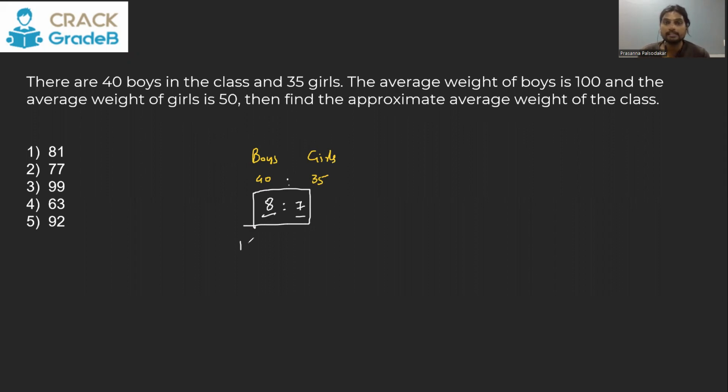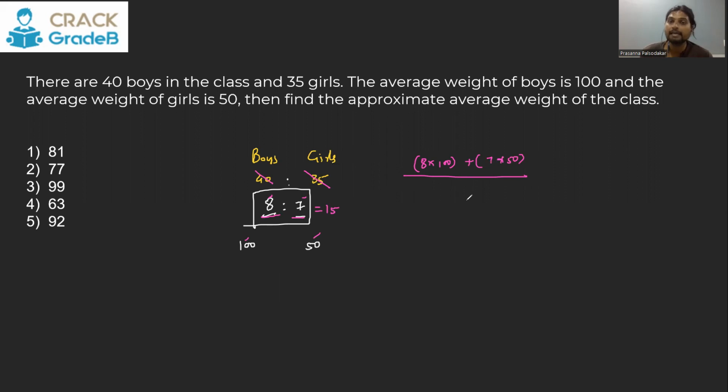The average weight of boys is 100 and average weight of girls is 50. So what is the average weight of the whole class? You can say there are 8 people with average 100, means their sum is 8 into 100. Plus there are 7 girls with average 50. Their total is going to be 7 into 50. And that should be divided by the total number of people in the class, which you don't have to take these figures now because we are shortening it down to 8 and 7.